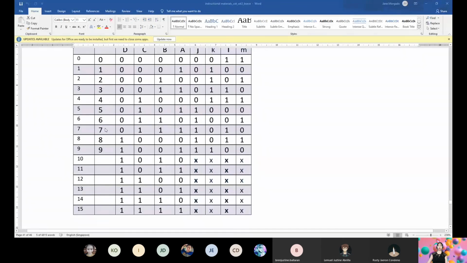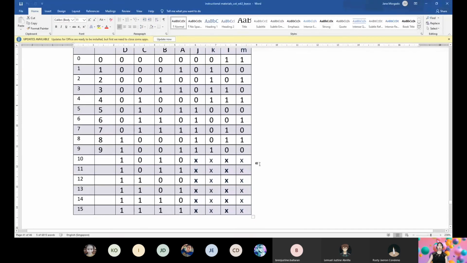So from 1010, 1011, 1100, 1101, 1110, up to 1111, it is assumed that these combinations will never happen, because BCD only represents 0 to 9.